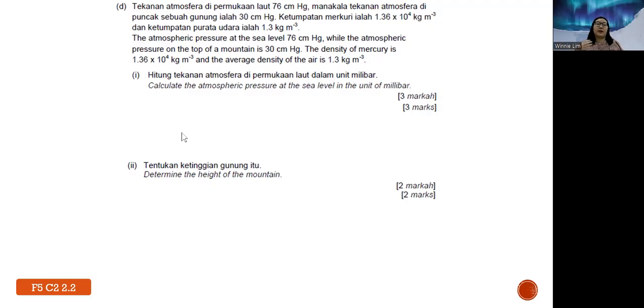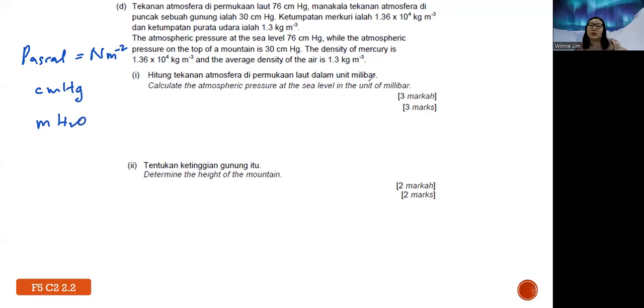So there are a few units for pressure. The one that we commonly use is Pascal, which is also equivalent to Newton per meter square, the SI unit for pressure. You can also have cm mercury if you use a barometer, or you can have meter H2O when you are at a water dam. Then another one is millibar.